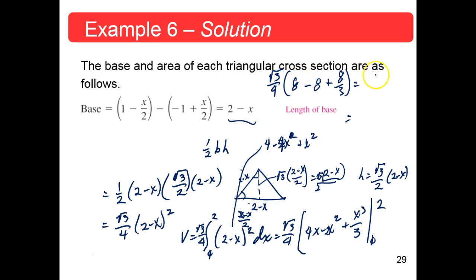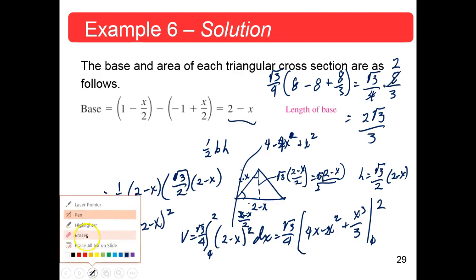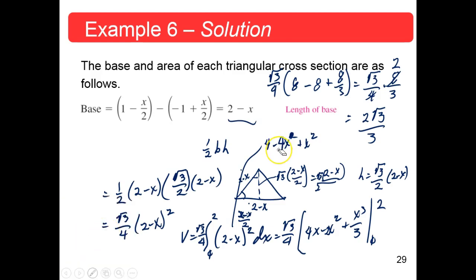So this would just be the square root of 3 over 4 times 8/3. That would be a 2, so 2 root 3 over 3. Yeah, that's the answer. 2 root 3 over 3. I messed up when I did that too fast. There. All right, now I'll end it. Sorry about that.